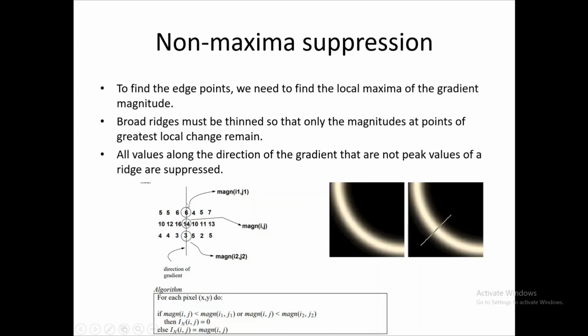And what we do is we consider the pixel magnitude in the direction of the gradient, and we compare these values with the edge pixel. Let's say this is represented by the pixel magnitude at ij.